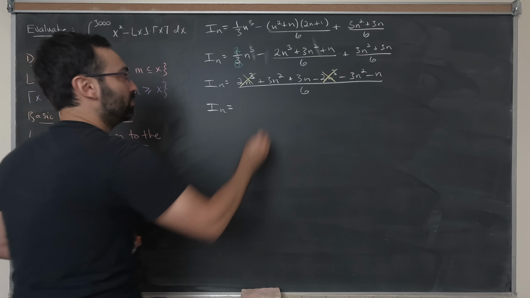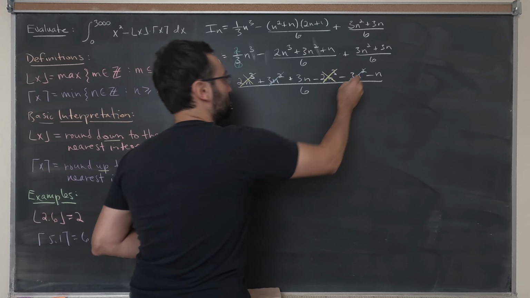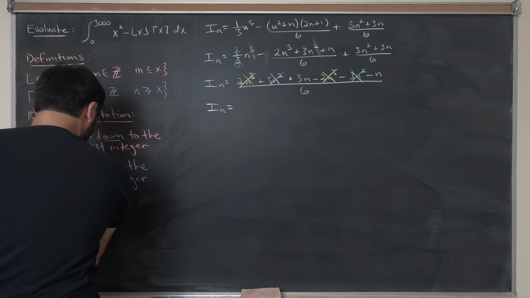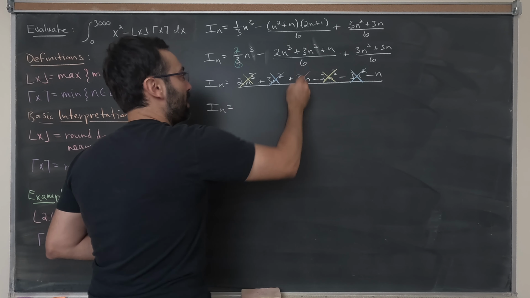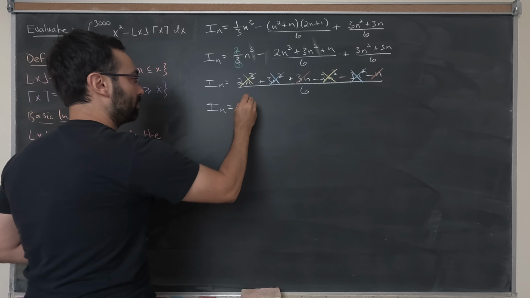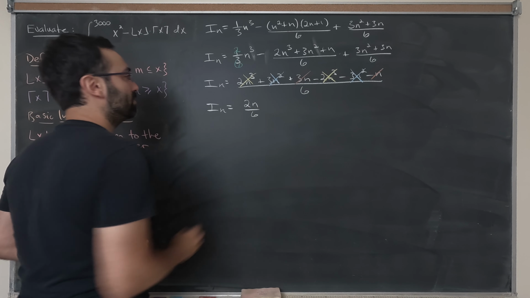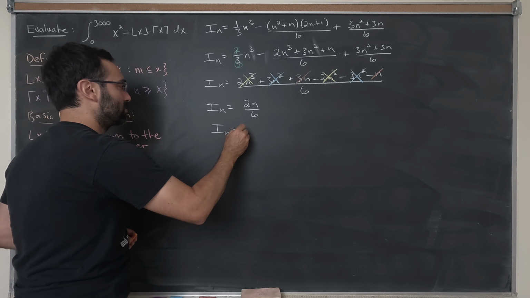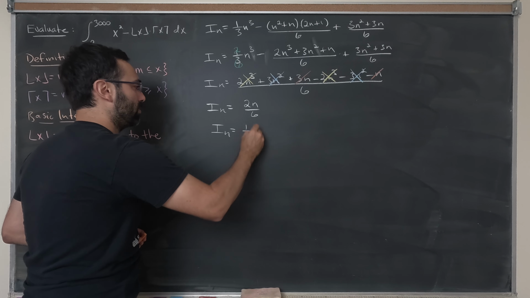Then we have 3n squared minus 3n squared, those cancel out. And then we have 3n minus n is 2n, and divided by 6. But that just reduces to 1/3 of n.